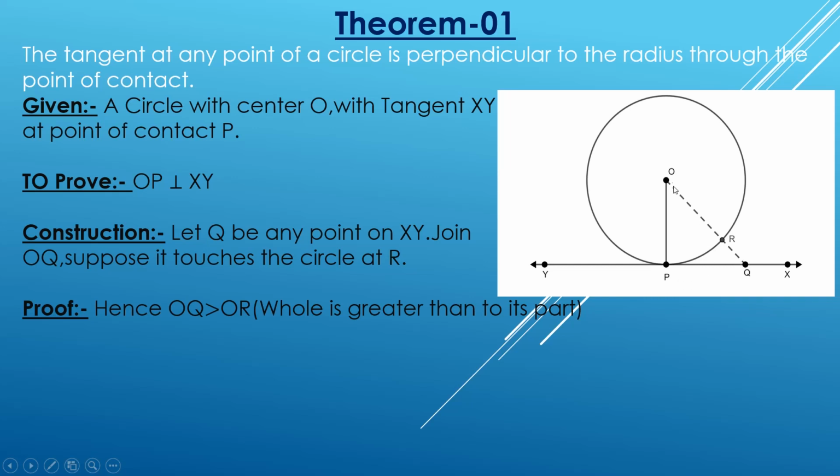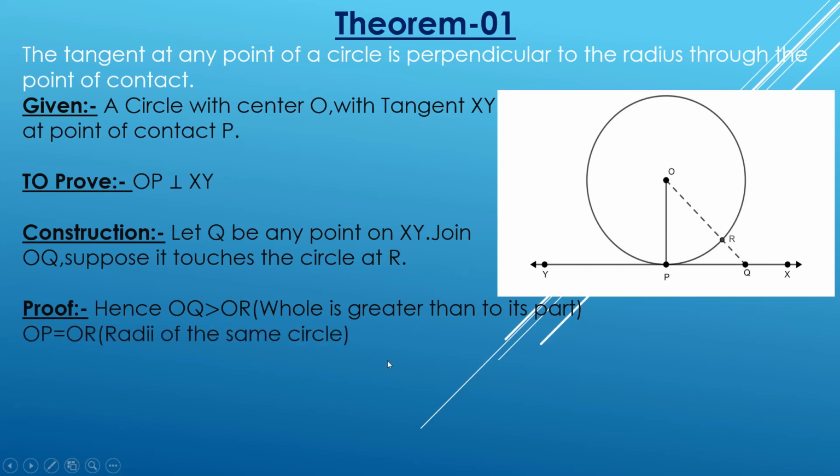Here OQ is greater than OR. The reason is very simple, because OQ is the whole line segment and OR is a part of the line segment OQ, and we already know that a part is always less than the whole.